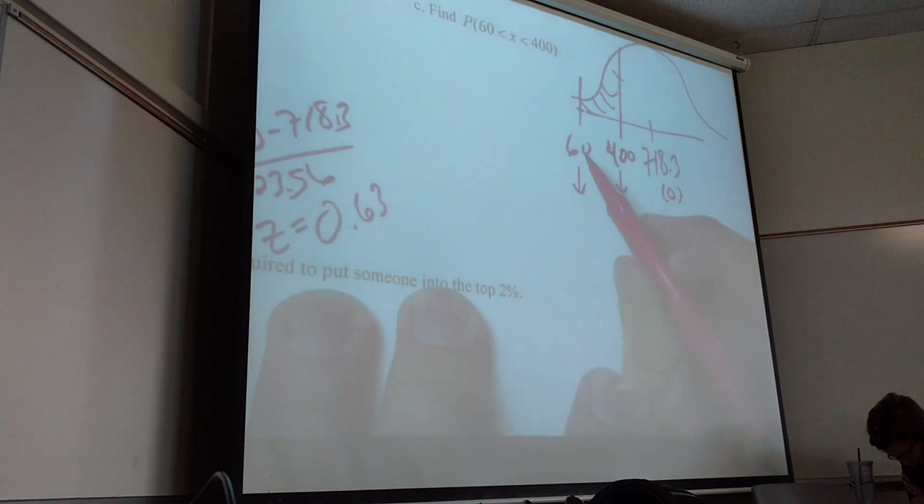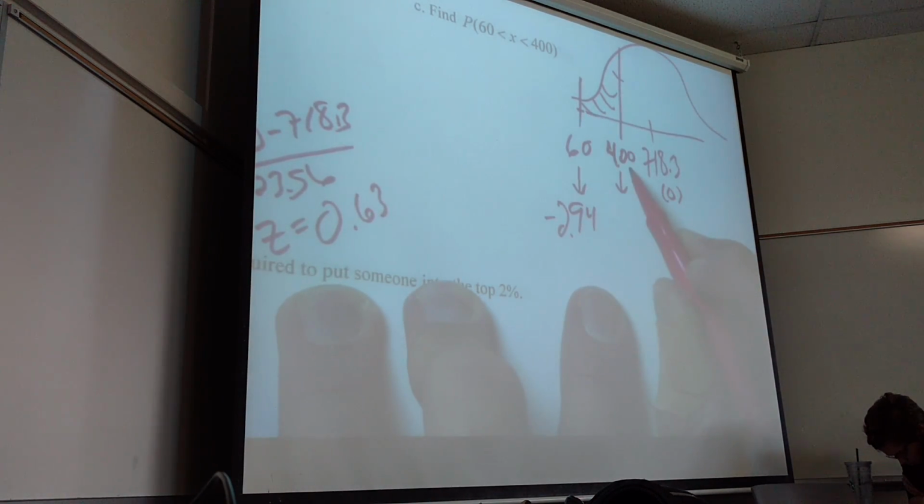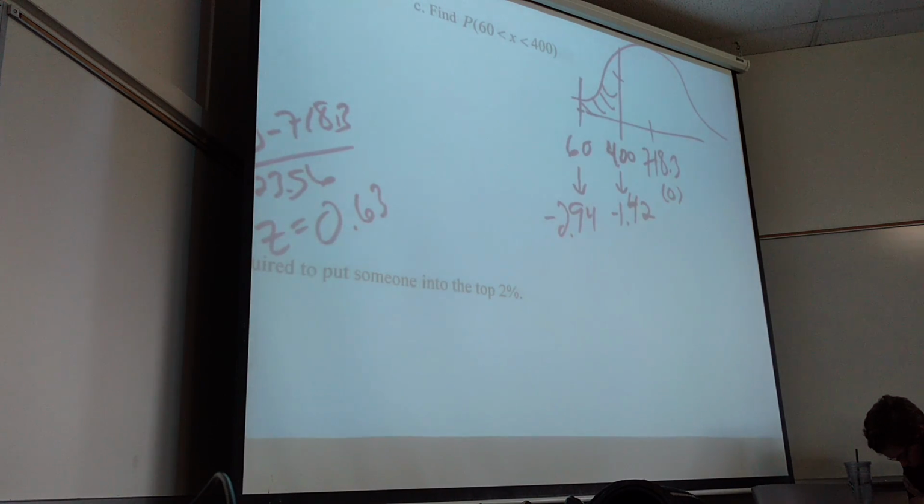What did you get for the z-score for 60? Minus 1.4. I think that's for 400, right? Oh yeah, sorry. Minus 2.94. What about the 400? Minus 1.42. Yes. So those are my z-scores. I just put them in parentheses so I know what they are.